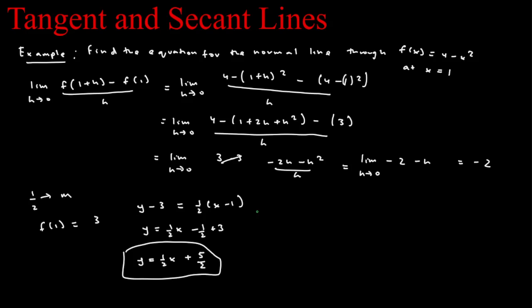Yeah, and that is basically it. We'll see in the future, or you might already know, that this process of finding the tangent line is basically like finding the derivative and then plugging in the point, because the derivative is going to give you a general equation for the slope of a line, and you plug it in at the specific point, and that basically allows us to find the tangent line at this point.